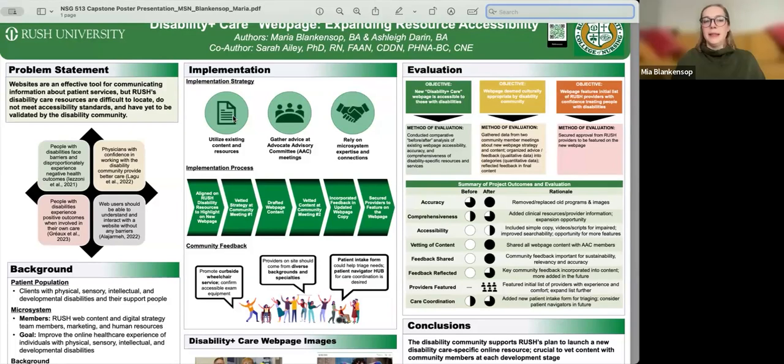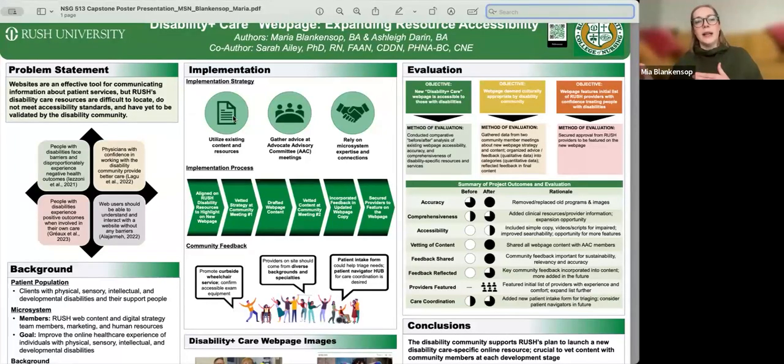And people with disabilities experience more positive outcomes when they're able to be involved and empowered in their own care. This is for everybody, but if someone with a disability wants to research a doctor or an institution and see what that institution has to offer, we want to be able to give them that easily accessible information. And we were hoping the Disability Plus Care webpage could do that.